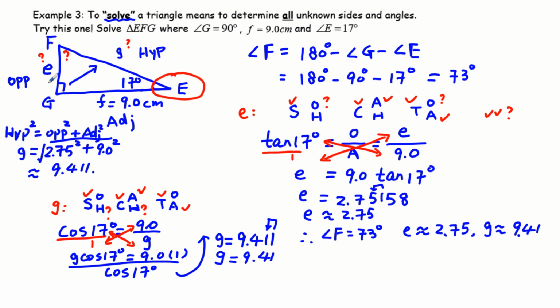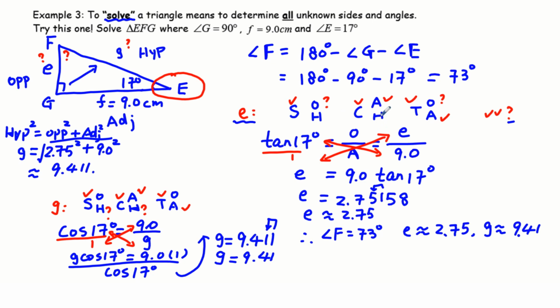Then for each side you want to find, we investigate, and we give the given a tick and the unknown a question mark. Then we are looking for one formula with two givens and one unknown. In one equation we can only have one unknown, then we can solve.